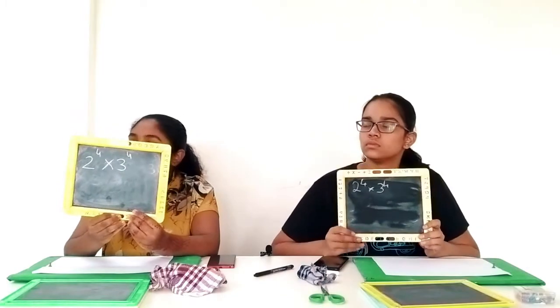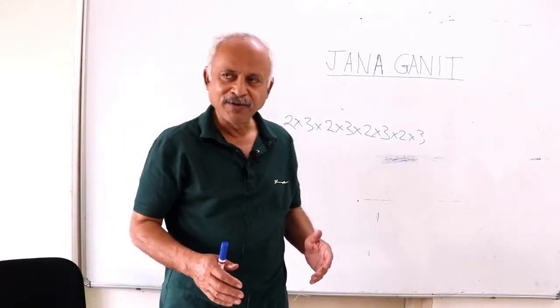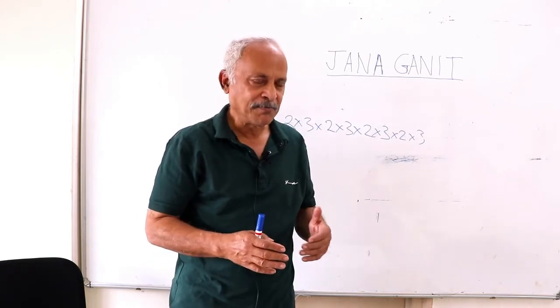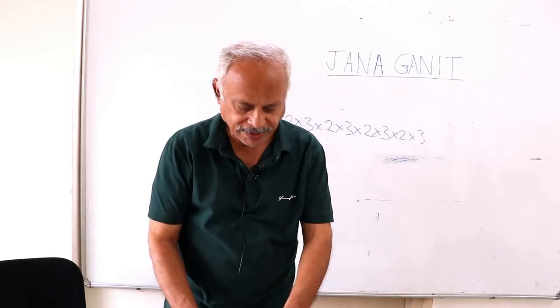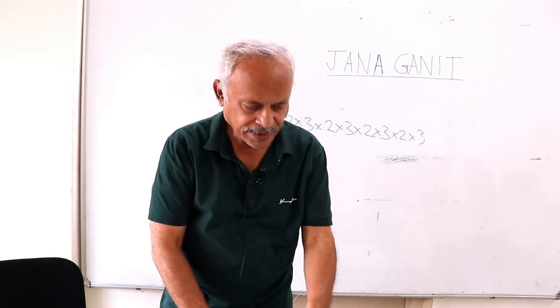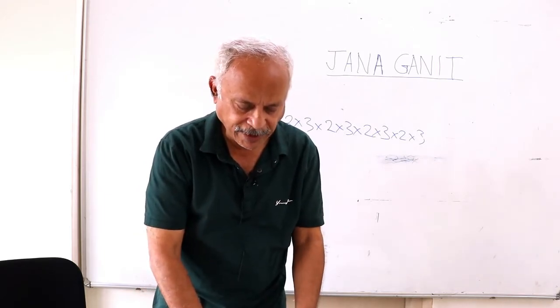Two raised to 4 into 3 raised to 4, right? So now we know how to keep track of multiplications. Now let's go on further, and I'm going to ask you to evaluate.